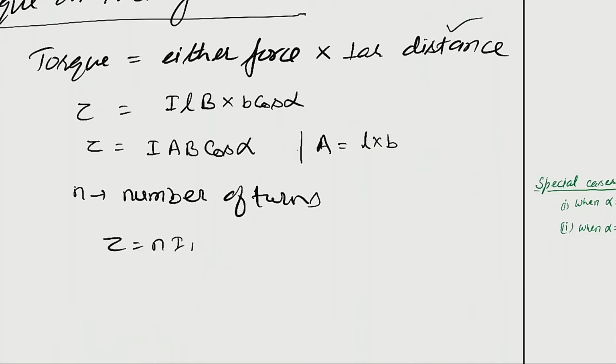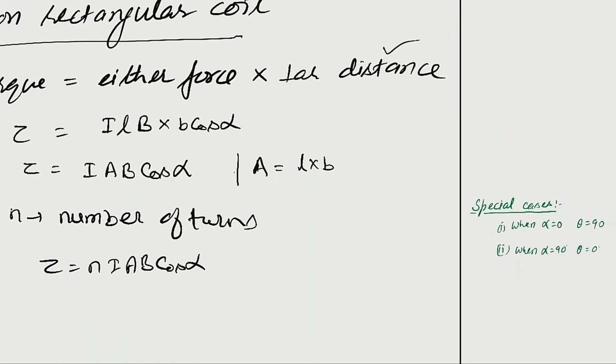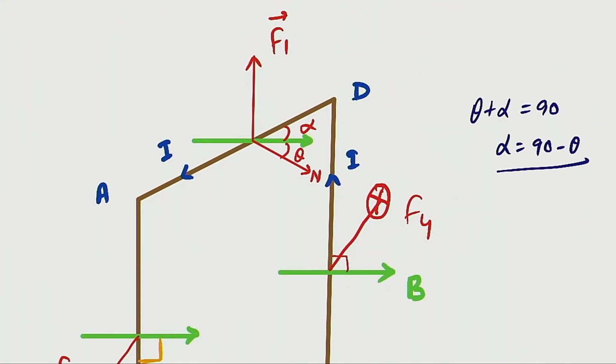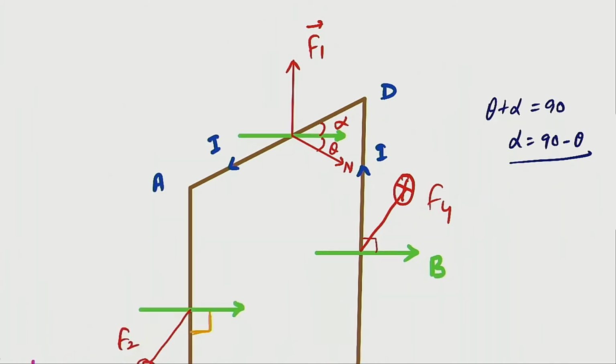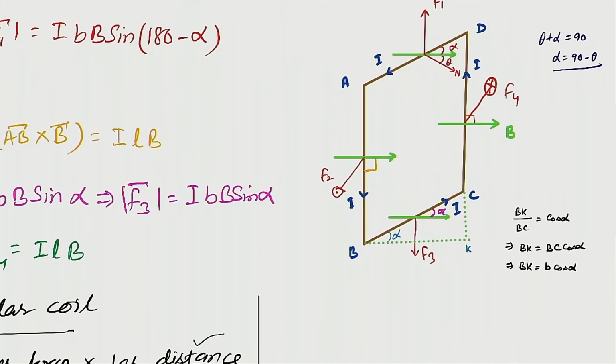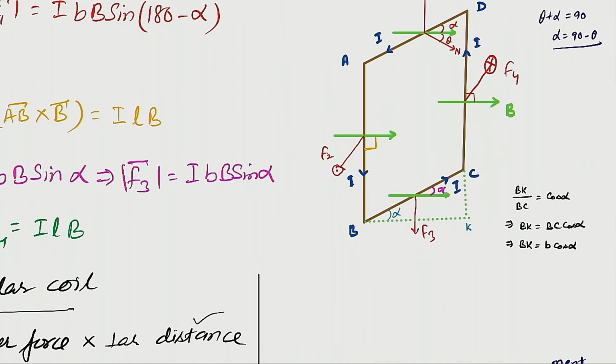So we get n IAB cos alpha. Now let's try to find out this result in terms of theta. From here it is clear that theta plus alpha is 90 degrees, so alpha is 90 minus theta. I can use this result in this equation.